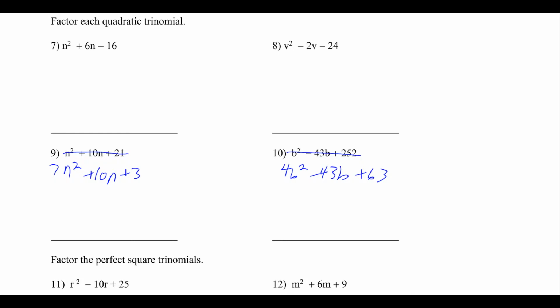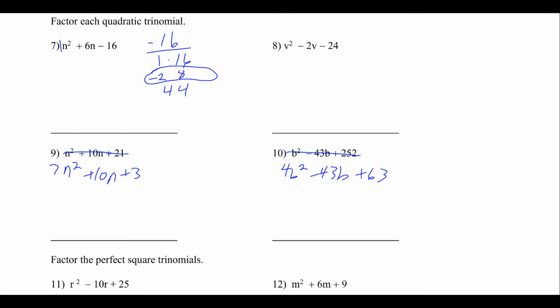So on number 7, since that one has a leading coefficient of 1, what we can do is go negative 16 and factor it. 1 and 16, 2 and 8, and 4 and 4. We need two things that will combine to give me 6. I see 2 and 8 giving me that possibility.